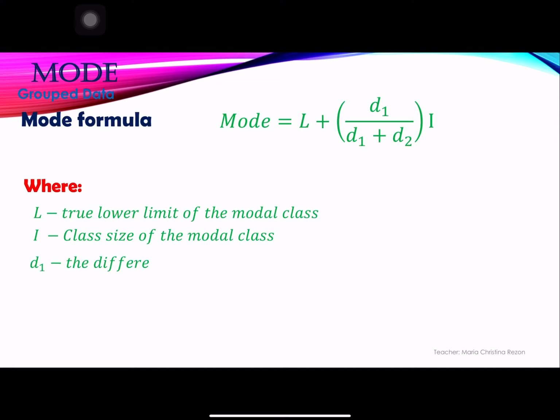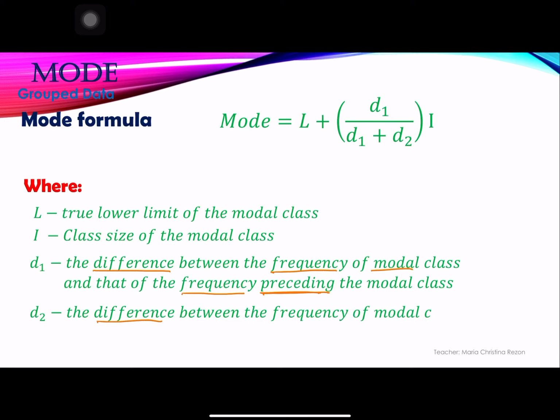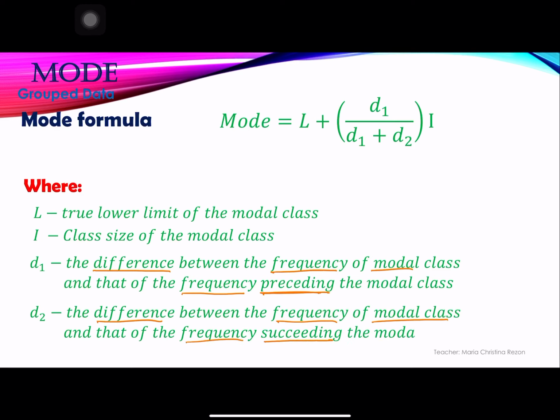D sub 1 is the difference between the frequency of the modal class and that of the frequency preceding the modal class. And d sub 2 is the difference between the frequency of the modal class and that of the frequency succeeding the modal class.